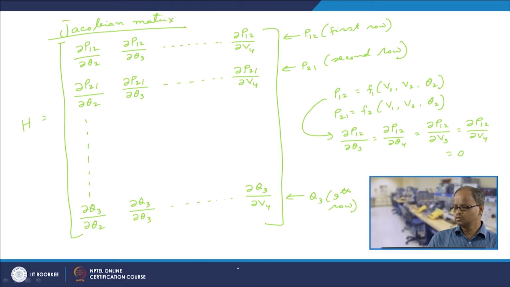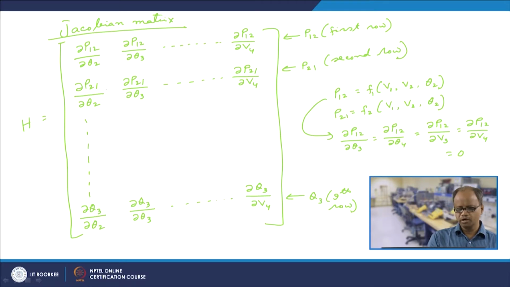The only non-zero partial derivatives would be del P12 by del V1, del P12 by del V2 and del P12 by del theta 2. All the other quantities would be 0.